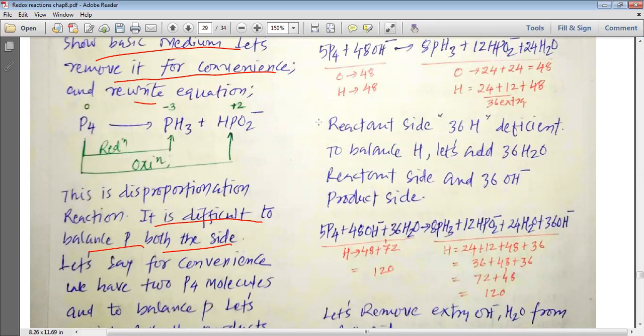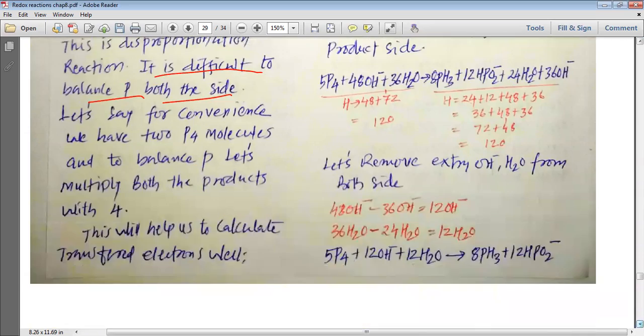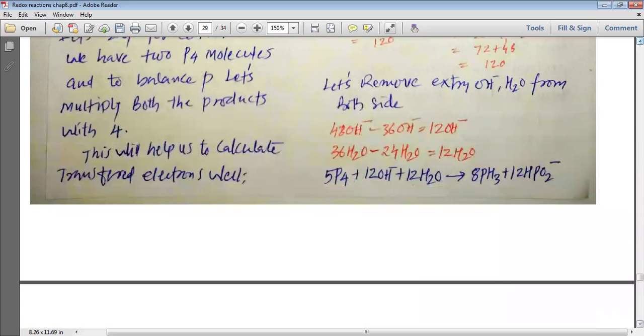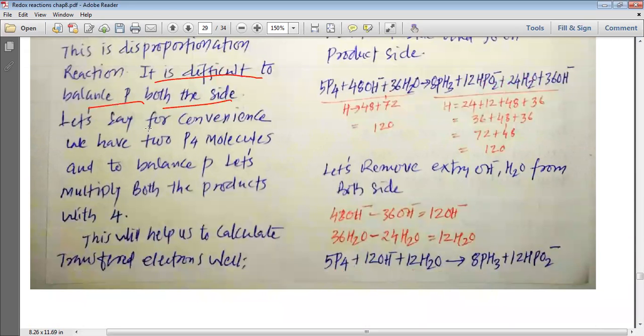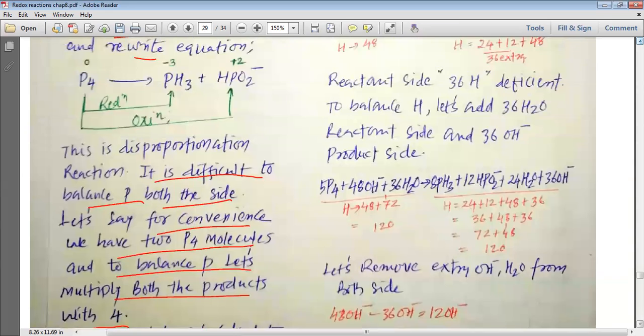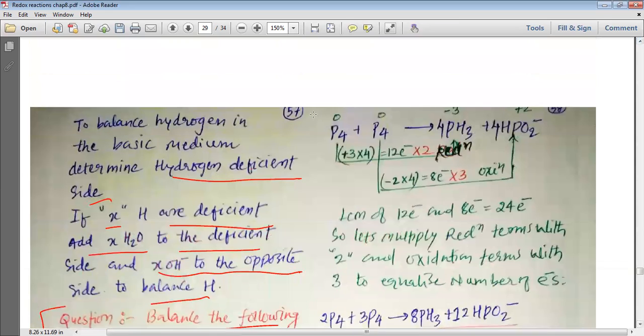For our convenience, my dear students, let us take 2P4 so that we can understand the oxidation and reduction in a better manner. So let us say for convenience, we have 2P4 molecules and to balance, let us multiply both the products with 4. This will help us to calculate the transfer of electrons well. So instead of just writing one P4, we will write P4 plus P4.